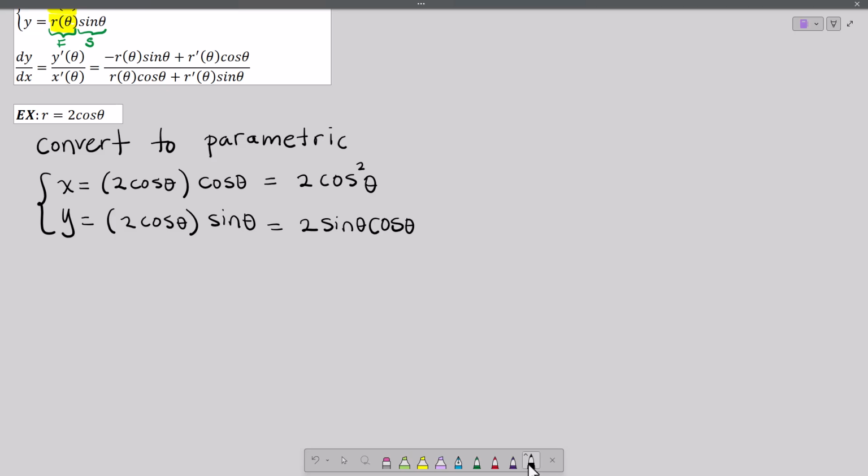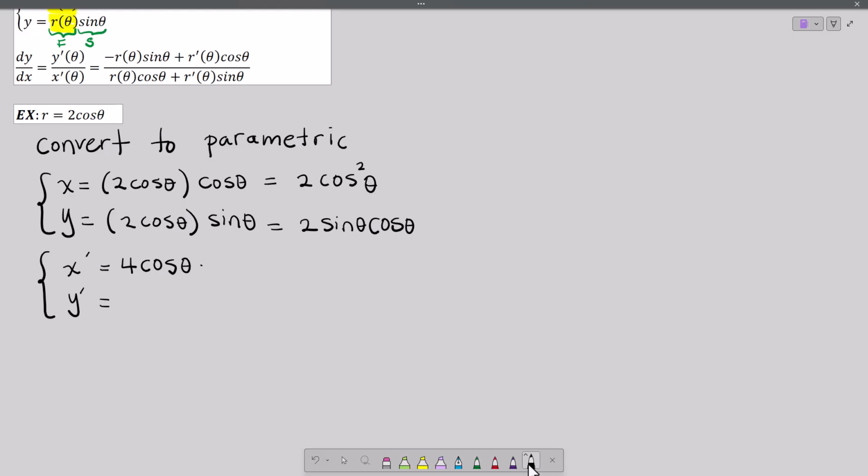And if we look up here to find the derivative, we need the derivative of each of those equations. So I'm just going to do them individually. So x prime. I'll create a derivative system here. The derivative of x with respect to theta, we have to use the power rule and then the chain rule. So that's going to be 4 cosine of theta to the 1 power. 2 comes down, subtract 1.